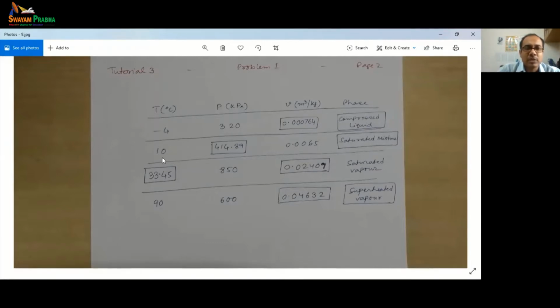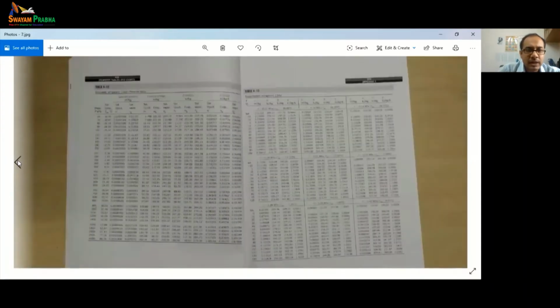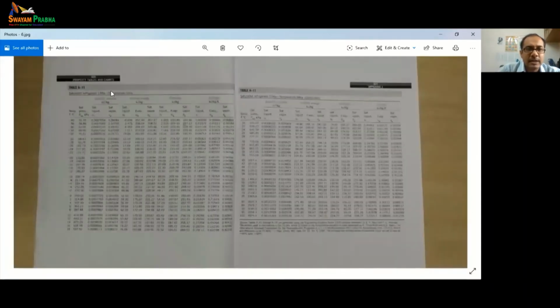Okay, so next one is given that 10 degrees centigrade and the specific volume is 0.0065. Okay, so now we have to go back to the table.